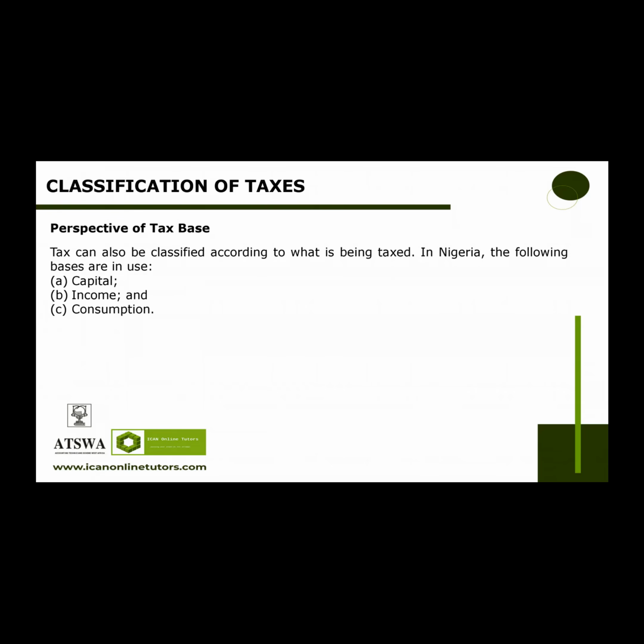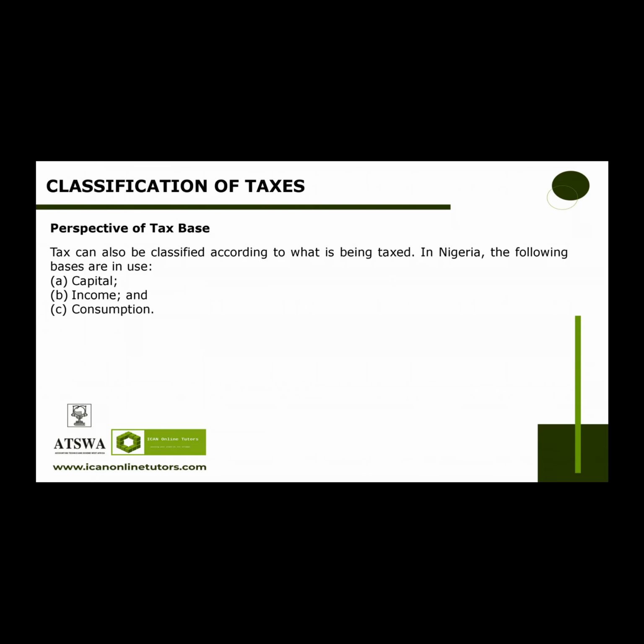So examples of taxes classified on the basis of income are personal income tax and companies income tax. For capital, it is capital gains. The examples in the case of consumption are value-added tax and excise duties.